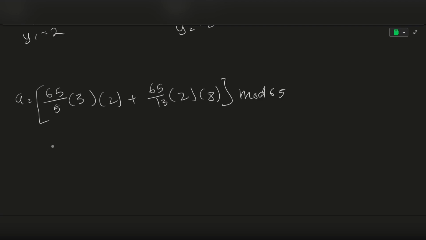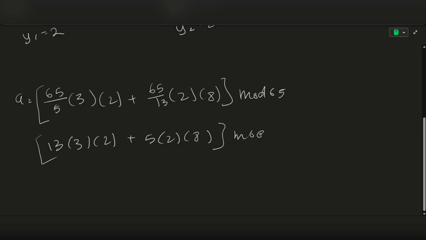So now let's calculate this. This would be 13 times 3 times 2, plus 5 times 2 times 8, all of this mod 65. So we calculate these. 13 times 3 times 2 would equal 78. And 5 times 8 is 40, and 40 times 2 is 80. All of this in a bracket, mod 65.